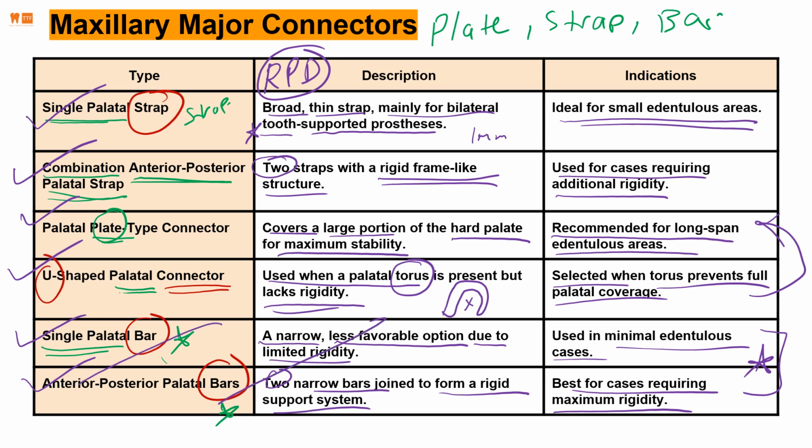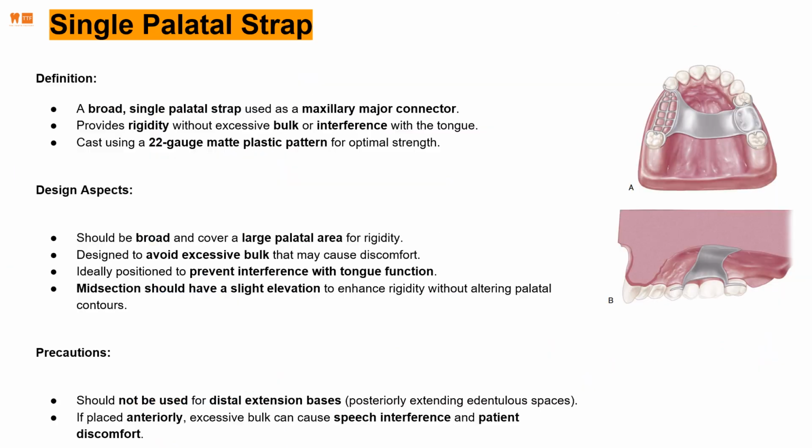Let's try and avoid these in clinical scenarios as much as possible. Why, you ask? Because bars are thicker than plates and straps. Imagine a bar on your palate, and now close your eyes and run your tongue on the palate. If you feel something sticking out, your tongue will automatically go to it regularly. Therefore, it is prone to injury to the tongue.